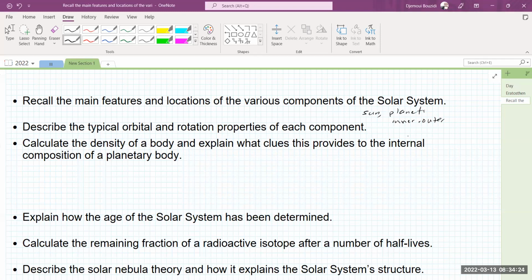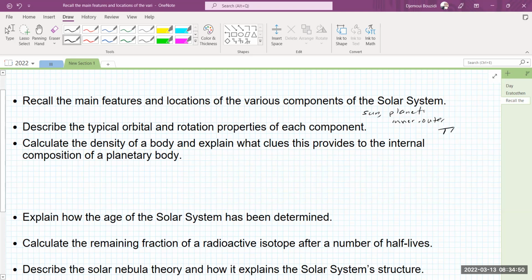In addition to that, you have the dwarf planets, and there are a lot of them. Some of them are actually inside the orbits of the planets, like Ceres, which is between Mars and Jupiter, and you have other dwarf planets mainly past Neptune, in the zone called the TNO, trans-Neptunian orbits.